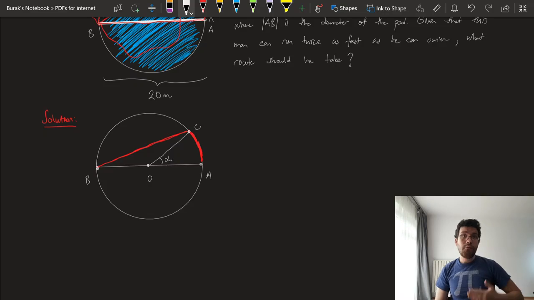Alpha may be 0, meaning that he's not running at all, he's directly swimming. Alpha may be pi radians, meaning that he is just running all the way. And if he decides to jump into water right in between, alpha would be some value between 0 and pi.